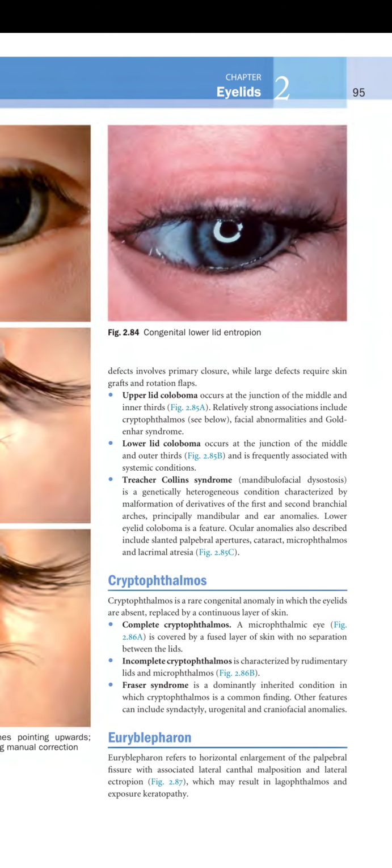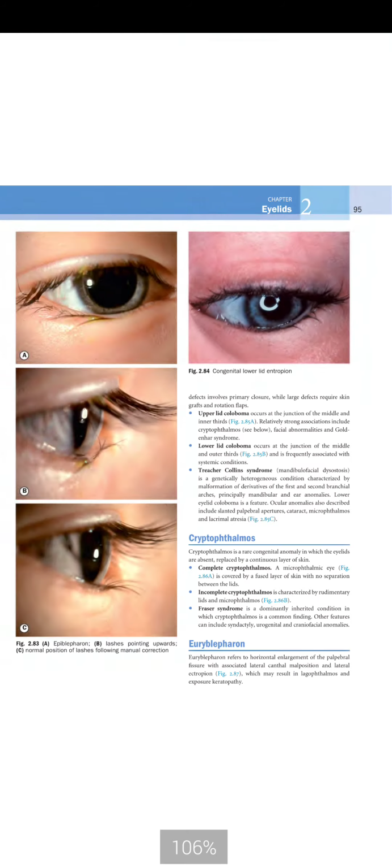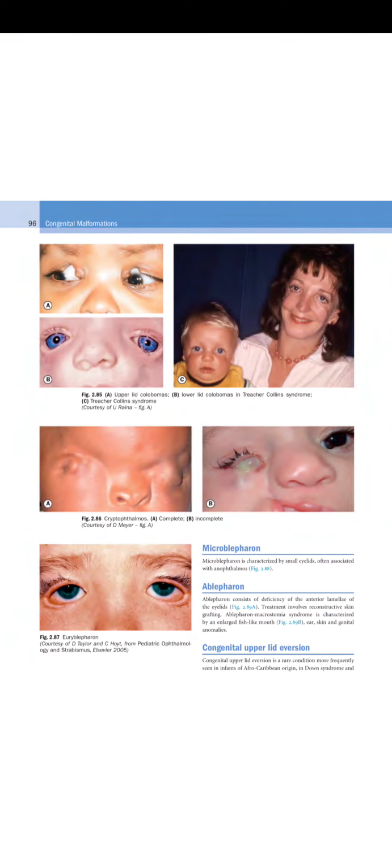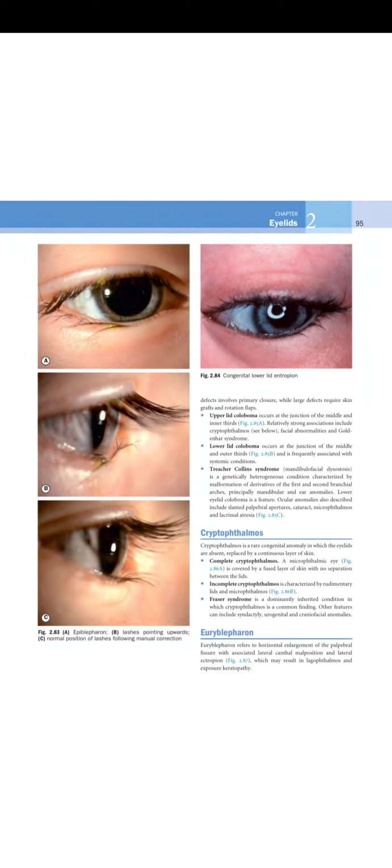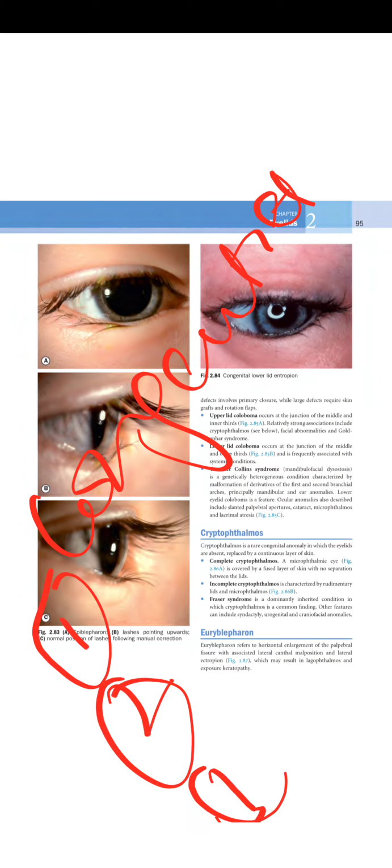Then there is euryblepharon. Euryblepharon refers to horizontal enlargement of the palpebral fissure with associated lateral canthal malposition and lateral ectropion, which may result in lagophthalmos and exposure keratopathy. So just remember that a congenital ectropion occurs in three conditions. Almost the most common are three conditions. Number one is euryblepharon.